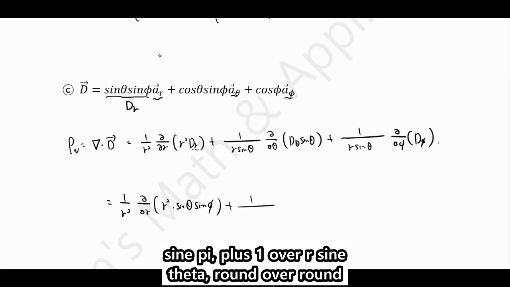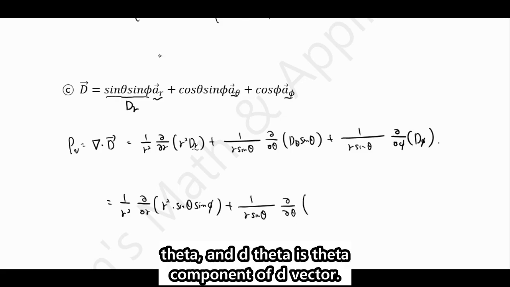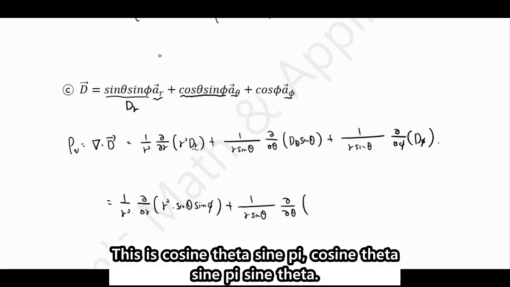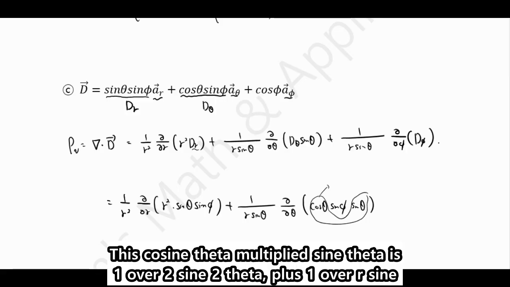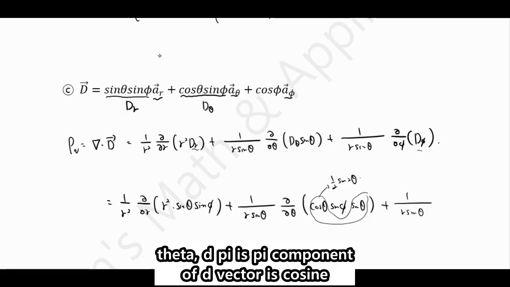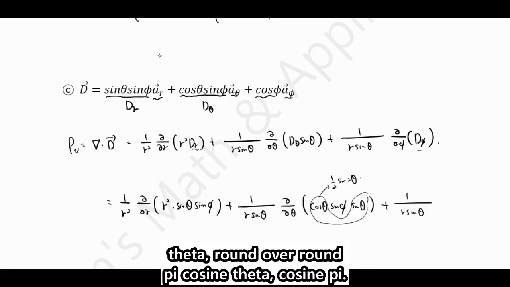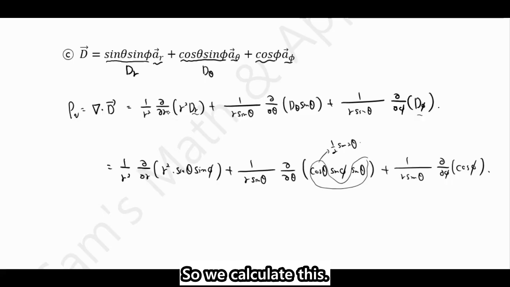plus 1 over r sine theta ∂/∂theta, where Dtheta is the theta component of the D vector, which is cosine theta sine phi, times sine theta. Cosine theta multiplied by sine theta is 1 over 2 sine 2 theta. Plus 1 over r sine theta, where Dphi is the phi component of the D vector, which is cosine theta, ∂/∂phi of cosine phi. So we calculate this.